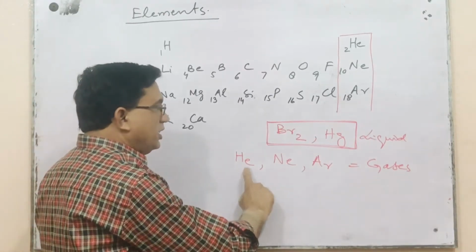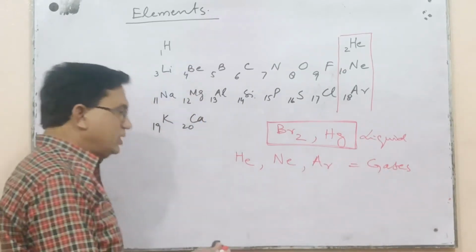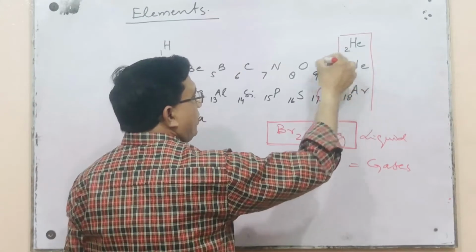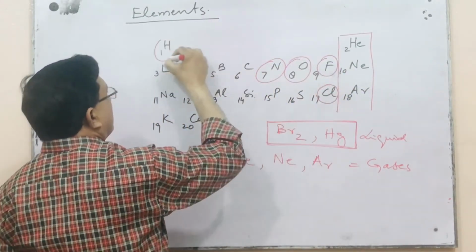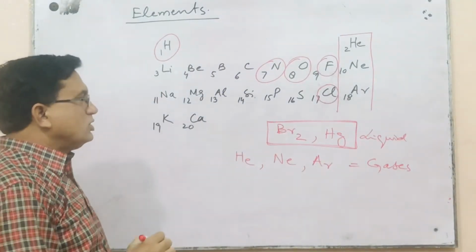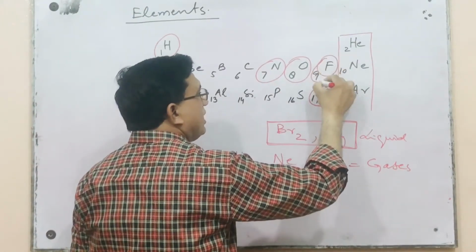Now, helium, neon, argon, these are gases. Along with these, chlorine, fluorine, oxygen, nitrogen, hydrogen, all these elements are also gases.